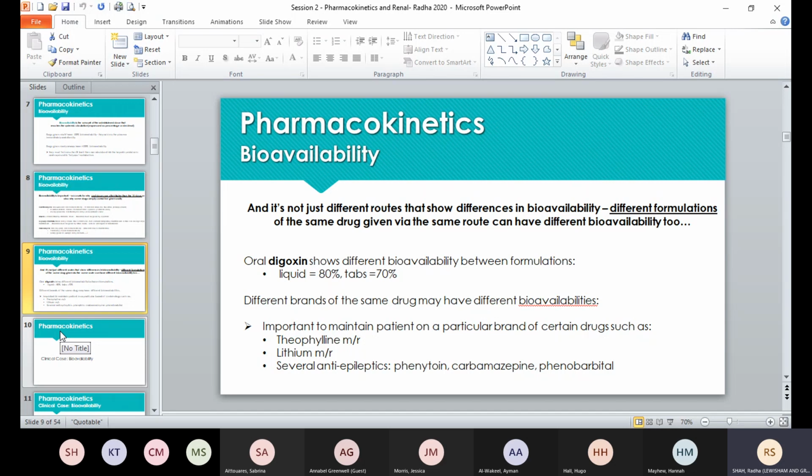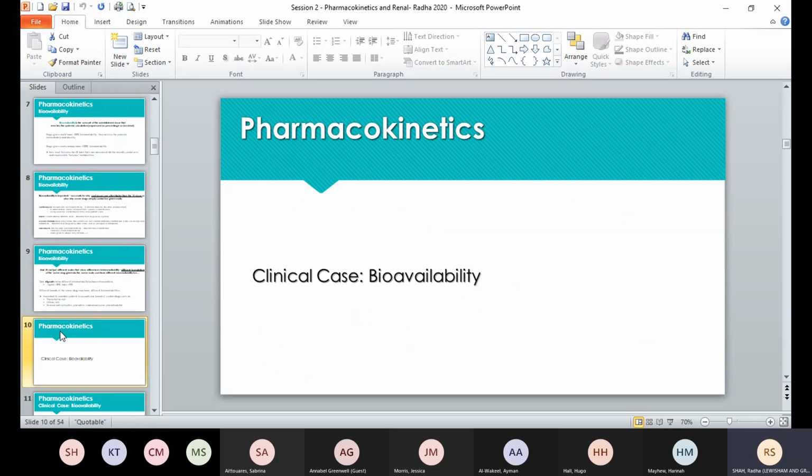Normally you can ask your ward pharmacist. But also you can look these things up yourself on the BNF, especially if it's out of hours. So if you're on a night shift and you're clerking someone in and you have to prescribe their medications, then having a quick look on the BNF to see if it has to be brand prescribed, and then making sure you prescribe the right brand just because of the bioavailability.